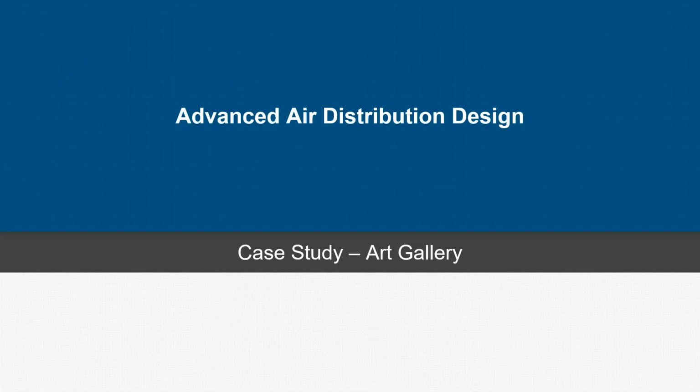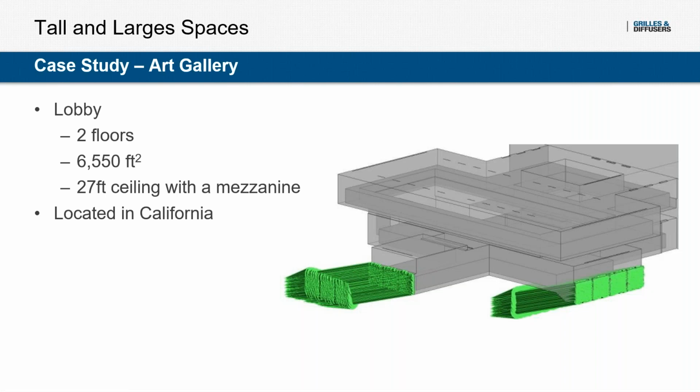The last space we're going to be taking a look at is, again, a large open space, and this is the lobby of an art gallery. In this case, we were asked to do the CFD on both the lobby and some of the galleries, but for the sake of this presentation, I'm only going to be looking at the lobby.